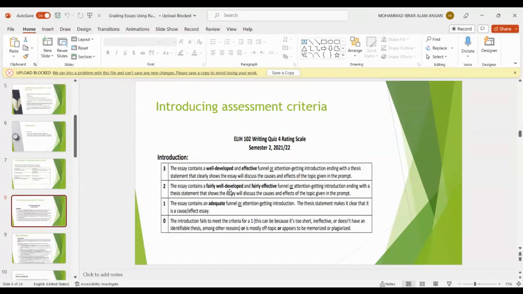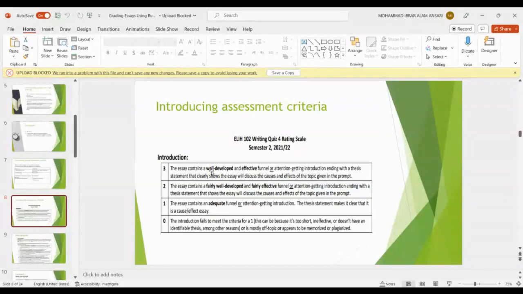But if it's fairly well developed, not like the first one, students will get 2, and so on and so forth. So these are performance statements. The performance of students is judged against the performance statements given in the rating scale.